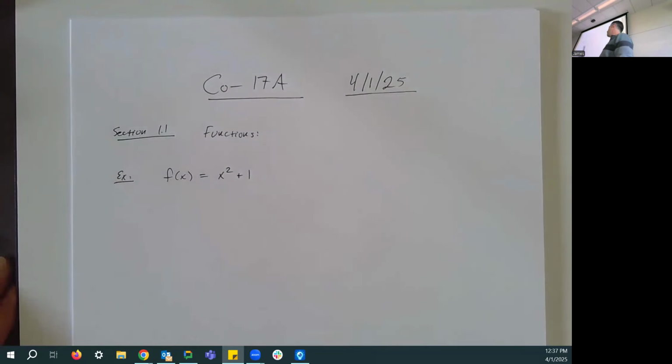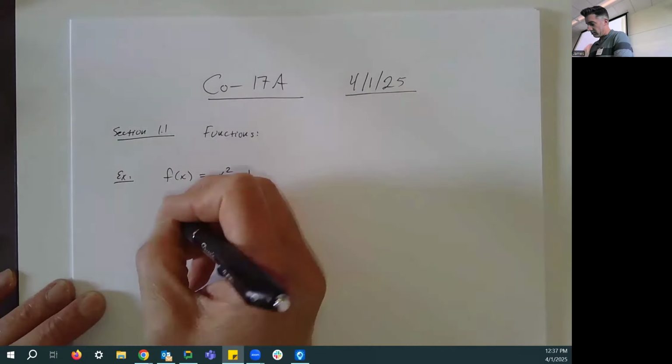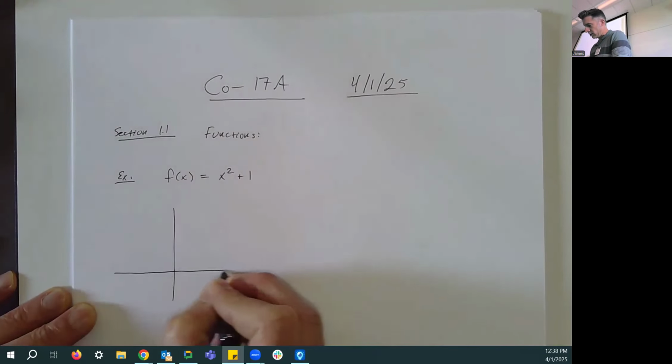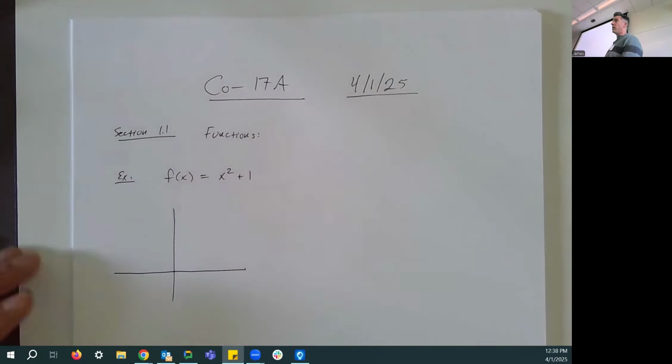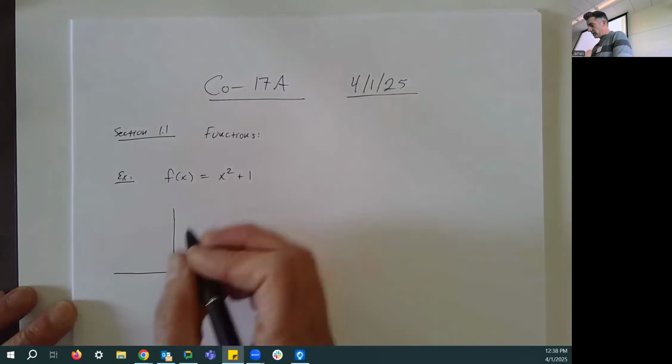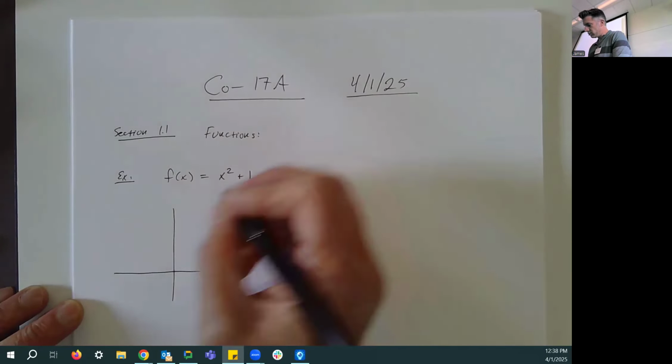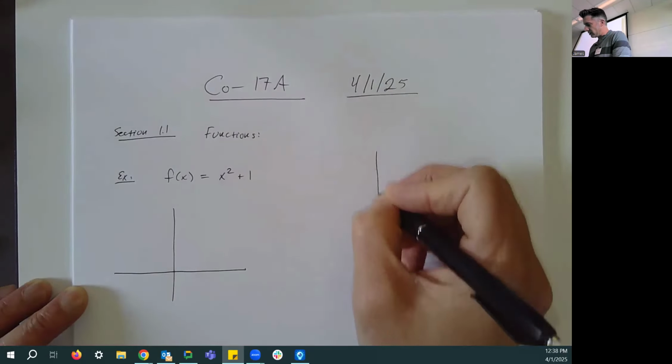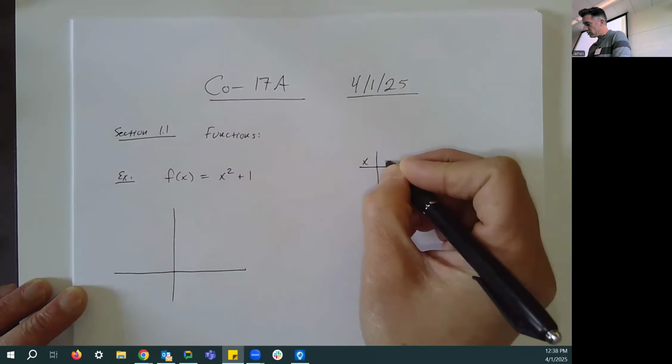Typically, the way I mostly think about representing a function is graphically. So usually when I write a function like this, I want to graph it. We could plot some points. I guess we can make a table.